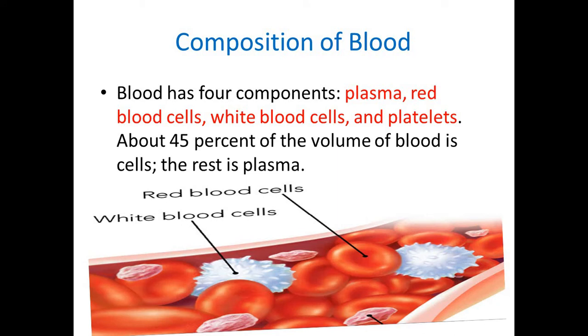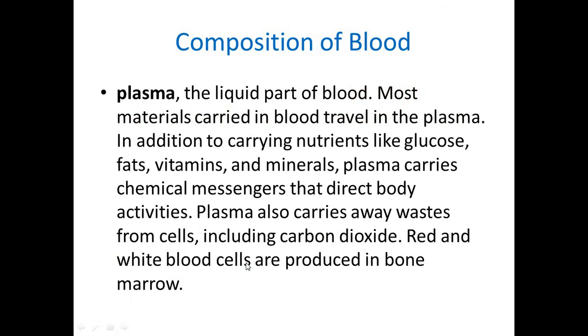Now, as you can see here the white blood cells, here platelets, here red blood cells, and here white blood cells. So what is a plasma? Plasma is a yellow liquid forming about 55% of the volume of all the blood.